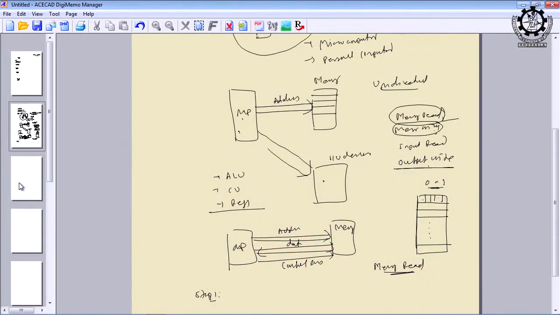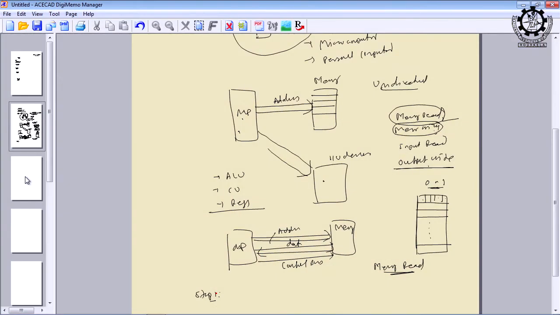Now, assume that the microprocessor knows the address of a memory location from where the data is to be read. Is it okay? So now the location is identified, but the data is not yet transferred. Location is identified. And what type of operation is to be carried out? Memory read.